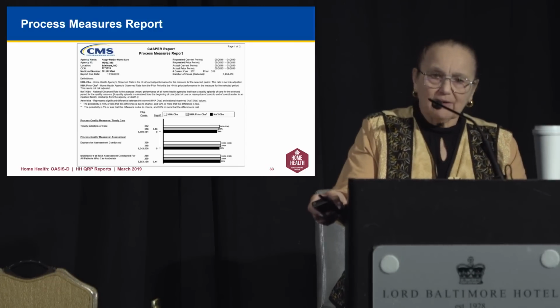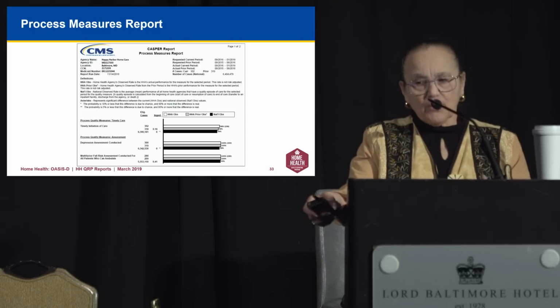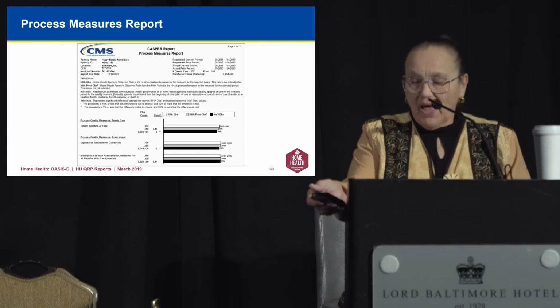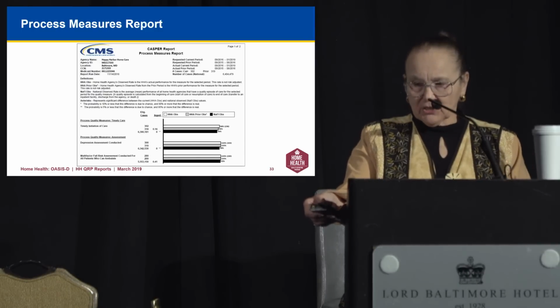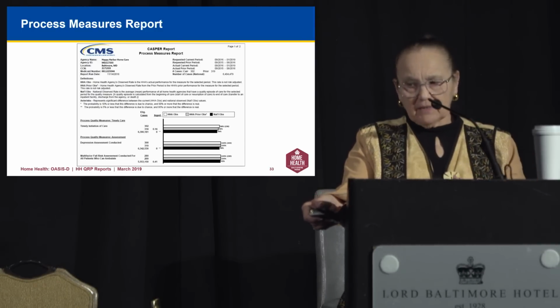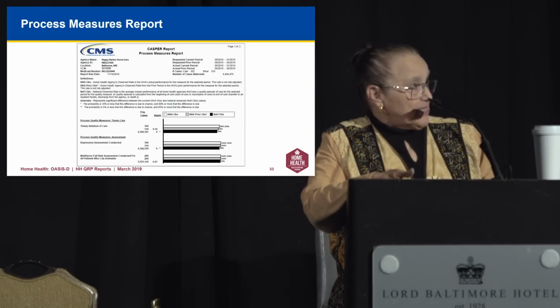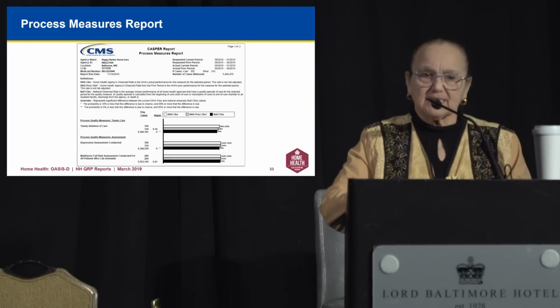We can move on now to the process measures report. This is going to give you similar information, but this is for the process measures as opposed to the outcome measures. So that you have the measures listed down the far left side of the page, and you have the color bars again that are giving you the information about the agency observed, current, prior observed, and national observed rates.